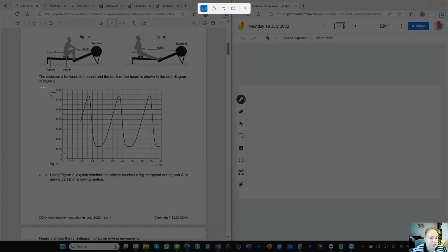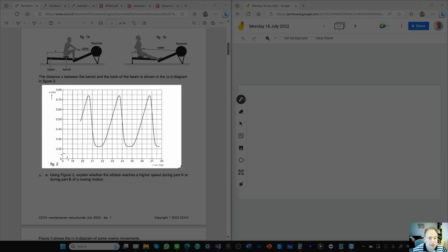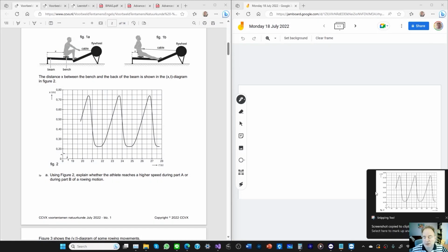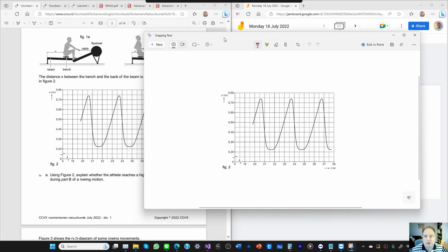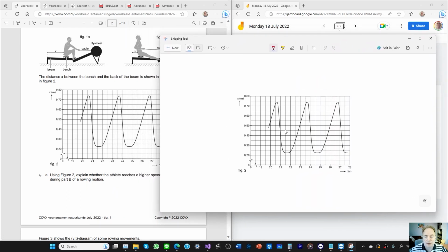So let me copy. First of all, this gives x as a function of t. You see here, this is the maximum x that can be achieved.